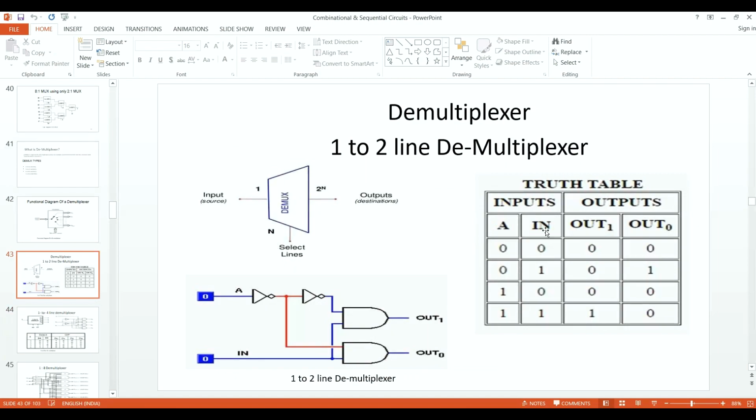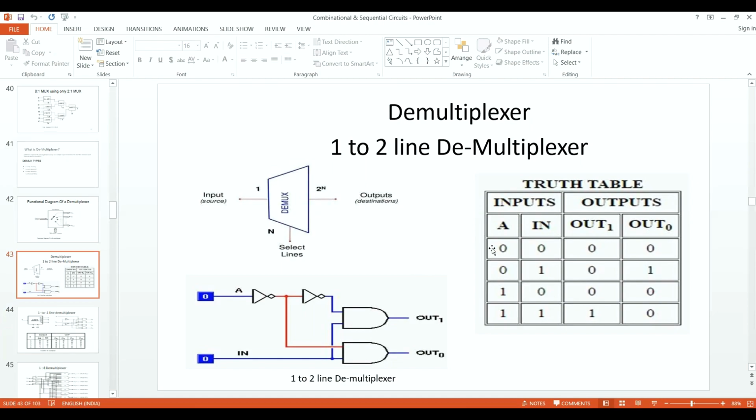Now understand one thing: when the input is on, then the output would be reflected. It is independent of the select input. I hope this is clear.